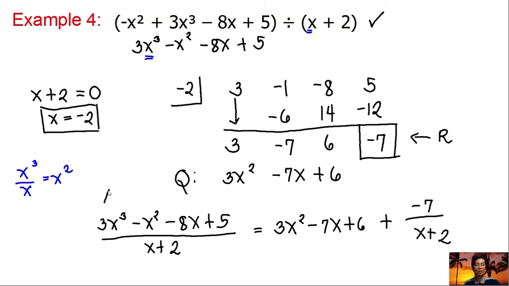So this is our final answer. Okay. So sana ay naintindihan si example number 4.